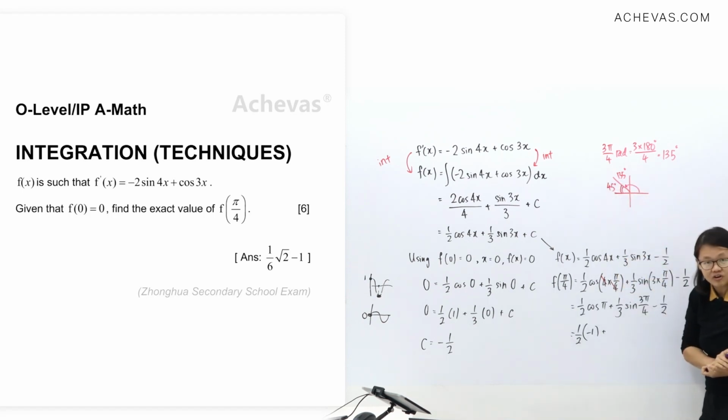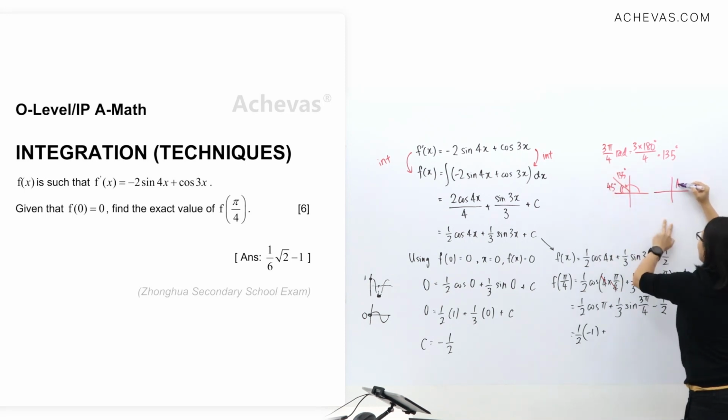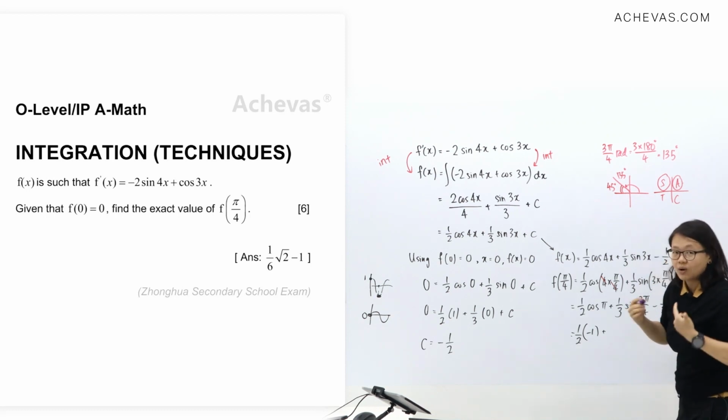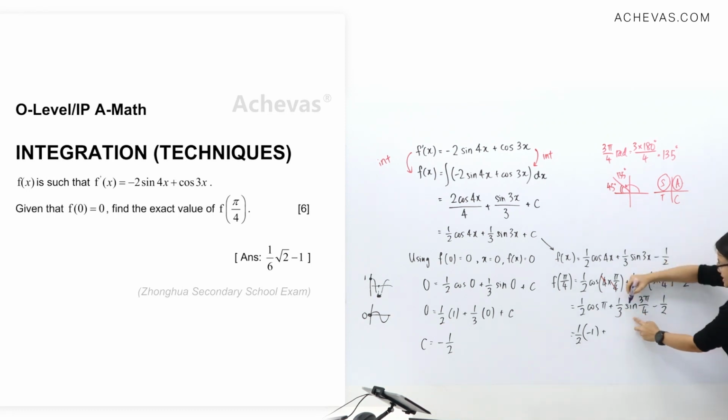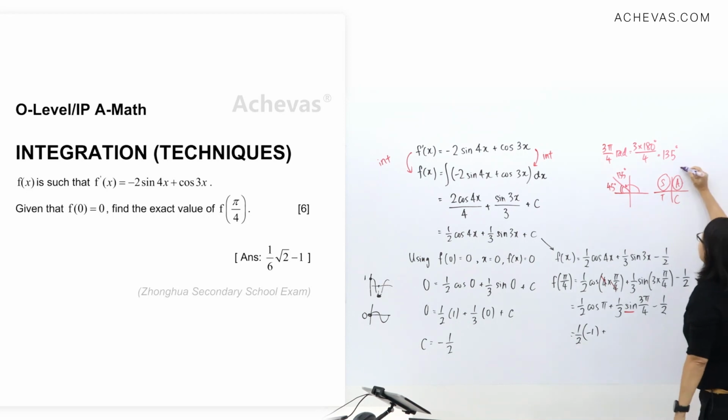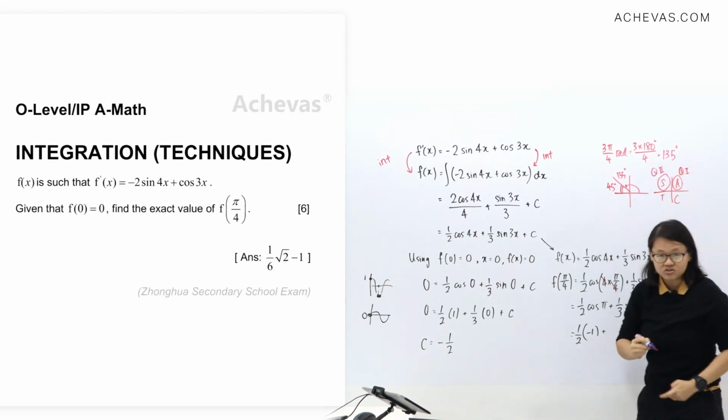Okay, the angle and its reference angle. Now knowing that 45 and 135, where are the two angles? 45 is in quadrant 1, 135 is going to be in quadrant 2. And what value are we reading? Sine value. So the sine value in quadrant 1 will have the same sign as in quadrant 2.